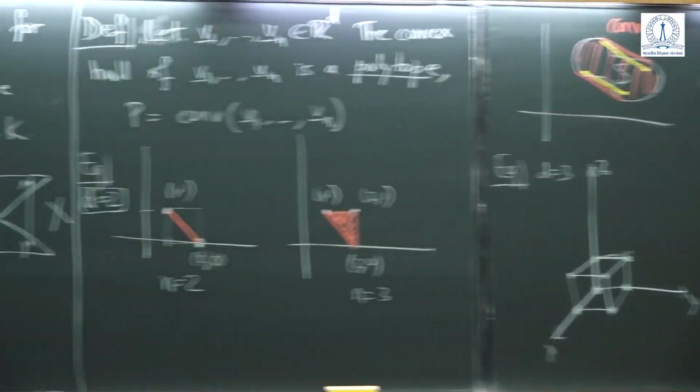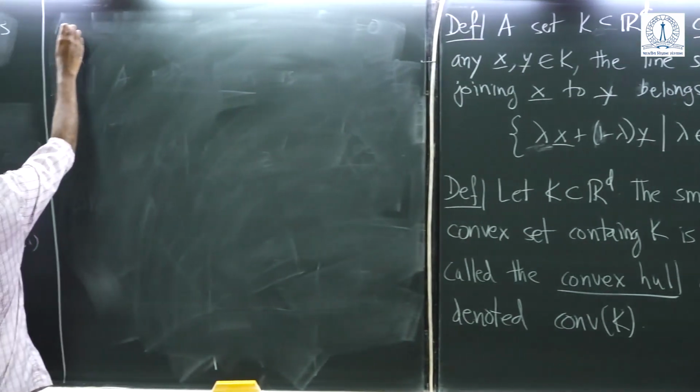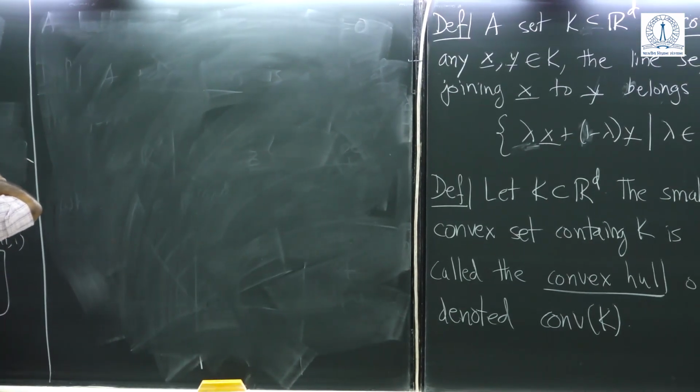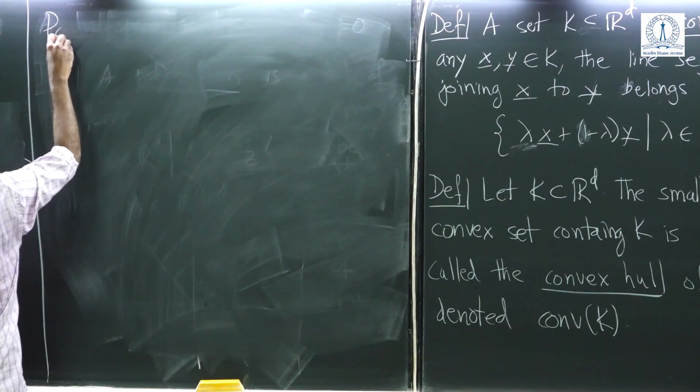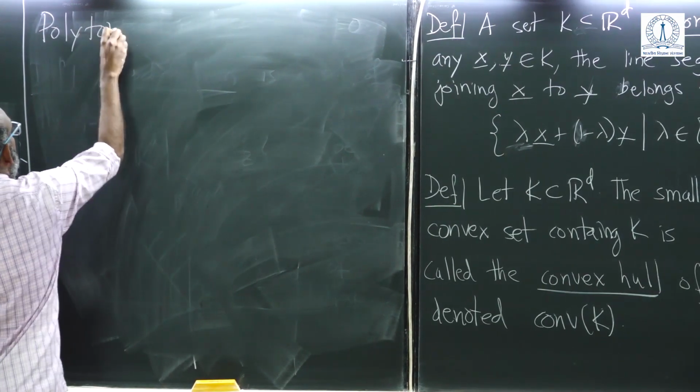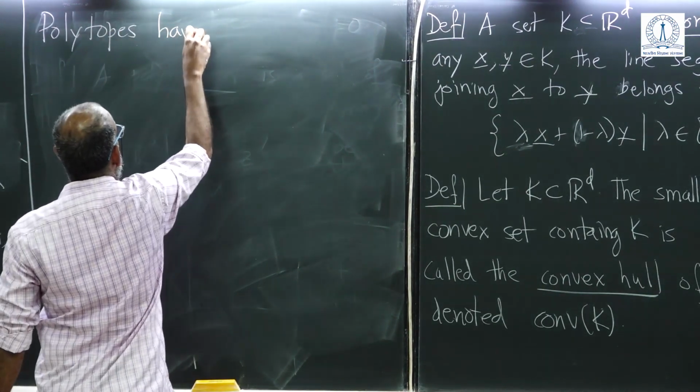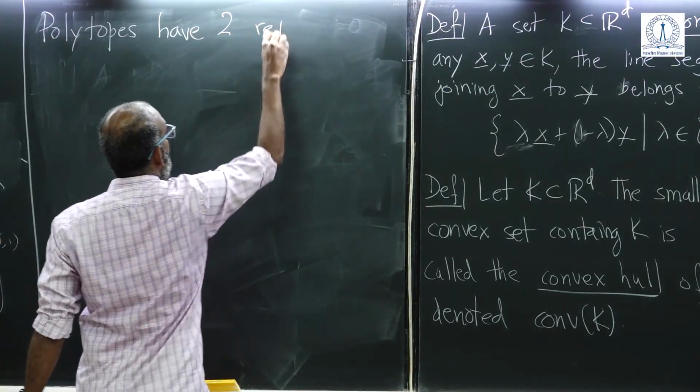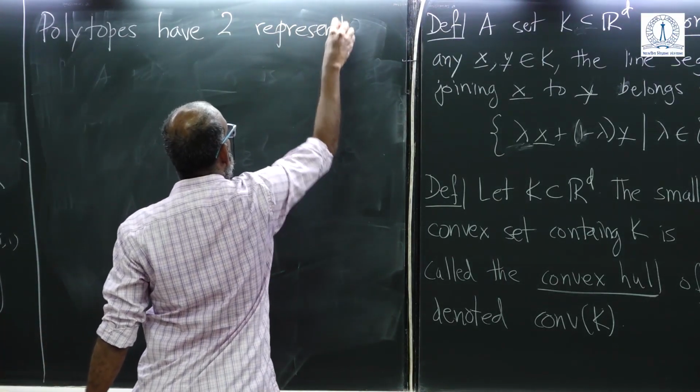All right. An important property of polytopes is that they have 2 representations. This we saw yesterday also.